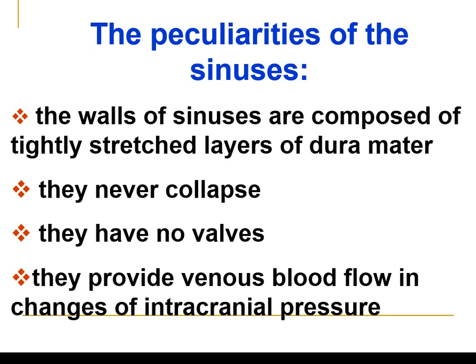They provide venous blood flow during changes of intracranial pressure. These are the functions of the sinuses of the dura mater. They have no valves, never collapse, and from the sigmoid sinus the internal jugular vein originates.